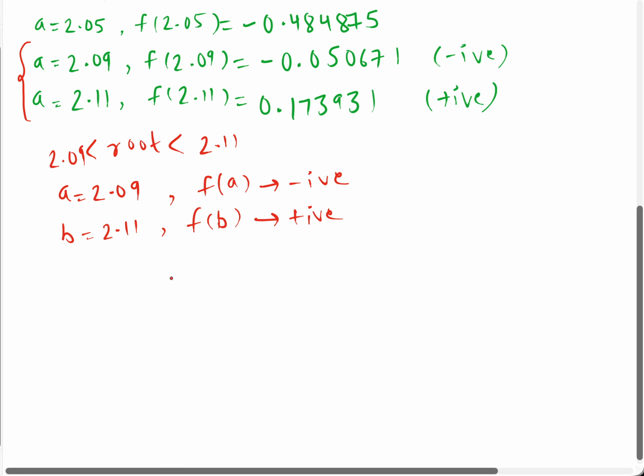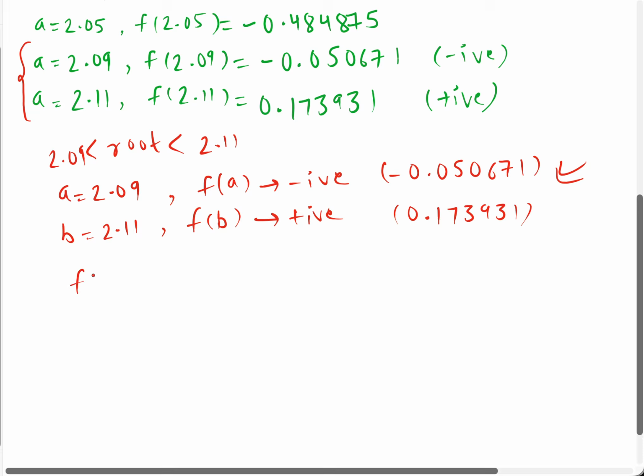Let me assume here we have got a and b. Which of them is more close to 0? When I solved this, what was the answer? Negative 0.050671, and this one was 0.173931. So which one is more close to 0? Obviously this one.